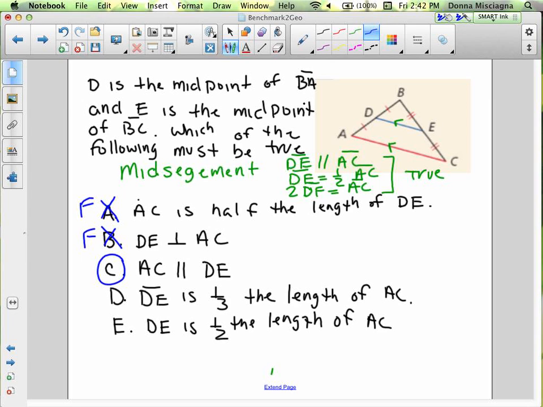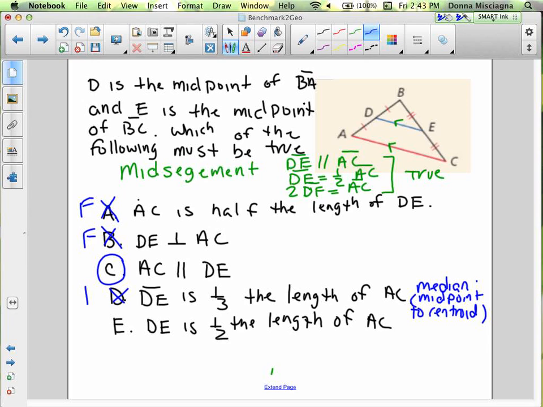DE is a third of the length of AC. No, that 1/3, that's medians. A median, if we have the midpoint to centroid, that's a third, but a median goes from the vertex to the midpoint, not midpoint to midpoint.